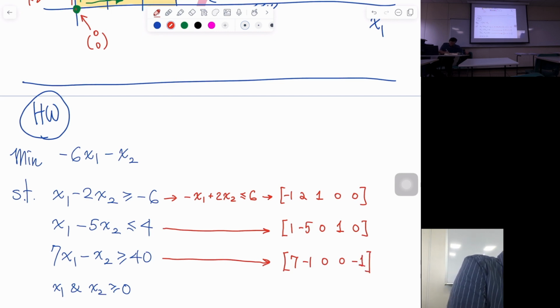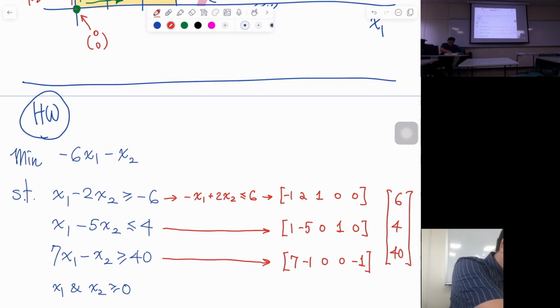And the B vector will be 6 4 and 14. Let's see if that's the same as the MATLAB code.